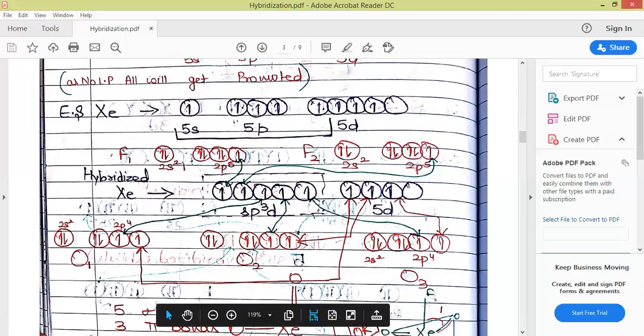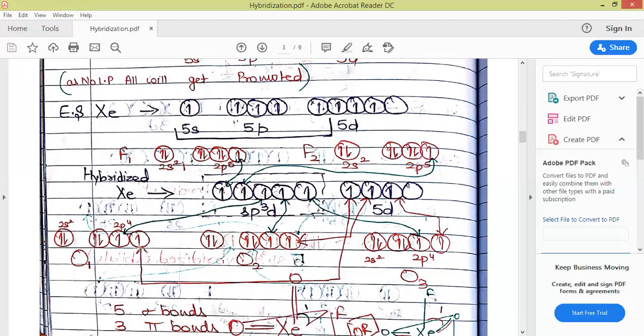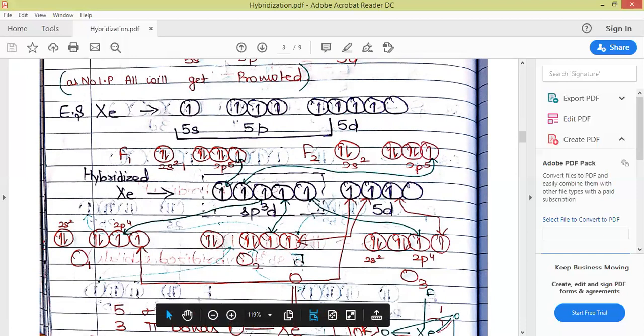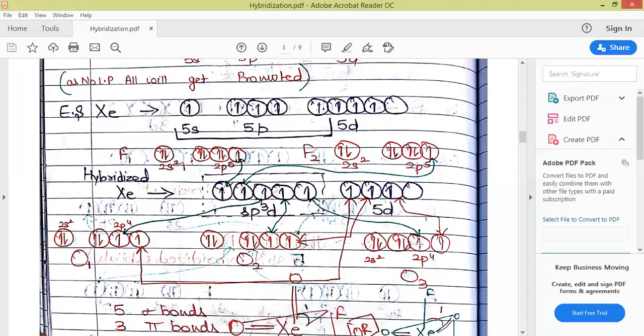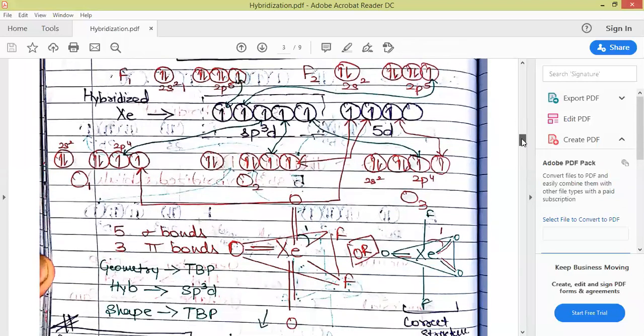So these 3 remaining d orbitals will form double bonds with the 1 electron each left with the oxygen. That is, this electron we have shown here will form a pi bond with this electron, this one will form a pi bond with this electron, and the last oxygen, that is O3, will form a pi bond with this electron. So this is how bonding takes place.